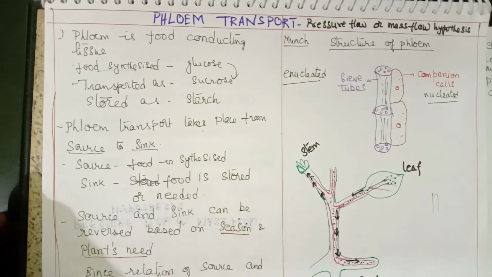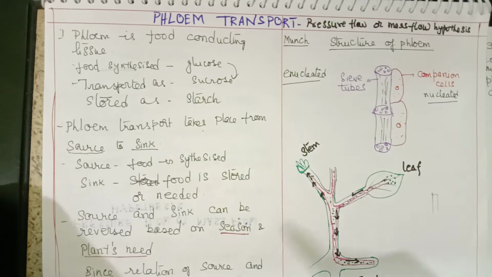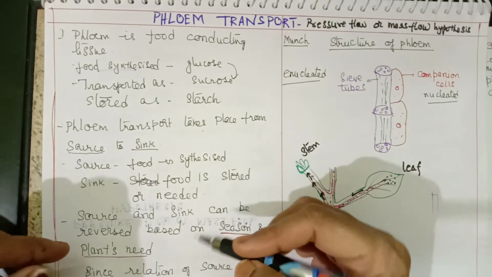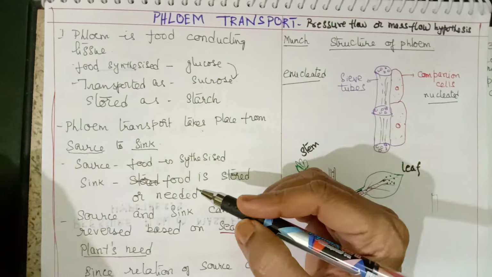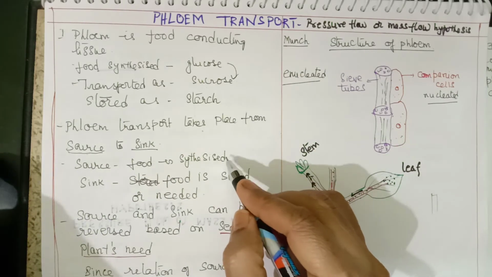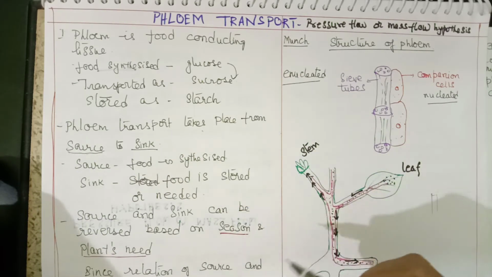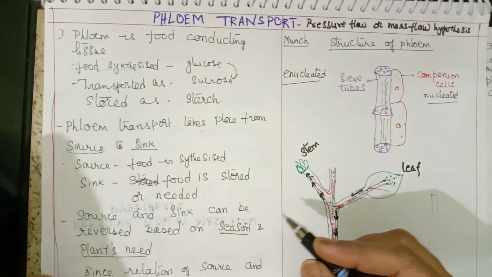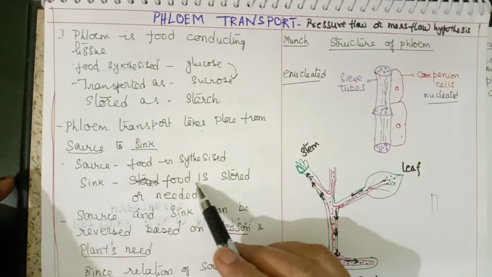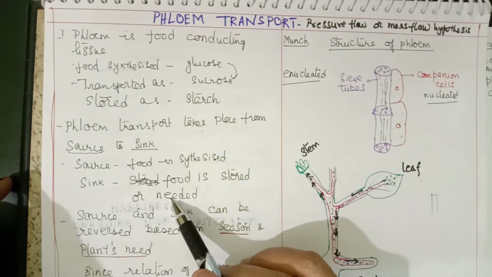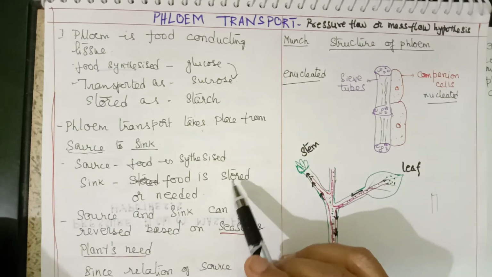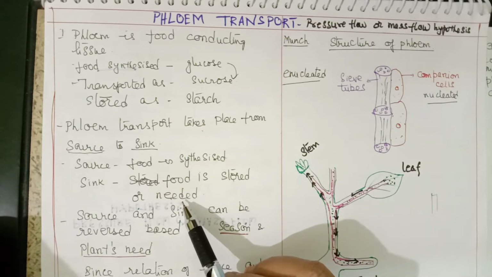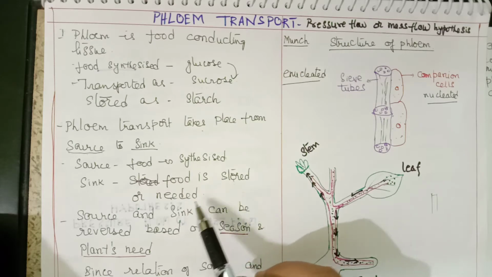Source is where food is synthesized or the region from where food has to be transported. That is called a source. Sink is where food is stored or where it is needed. That is called a sink.